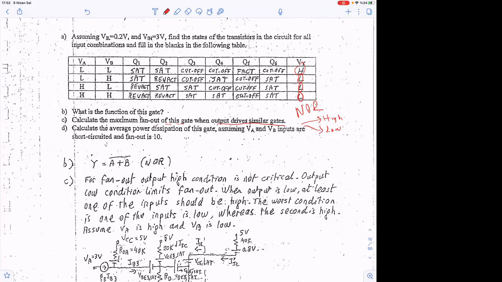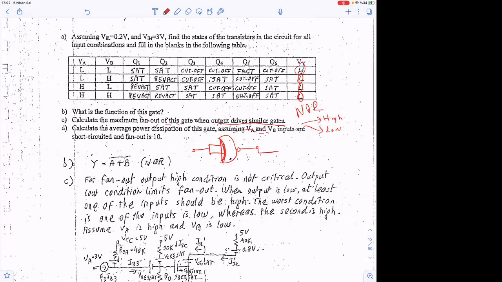Also the power dissipation is asked. If the inputs VA and VB are shorted together, that means, sorry, this is the NOR gate, right? So it should be like this. If they are connected together, what is the power dissipation if fan out is 10?